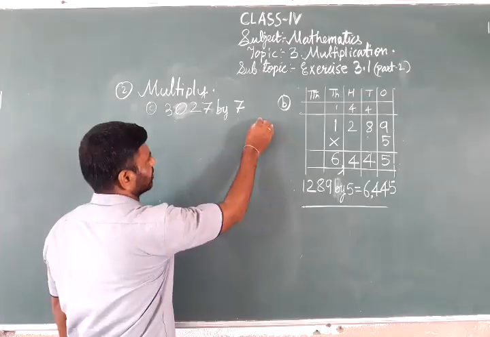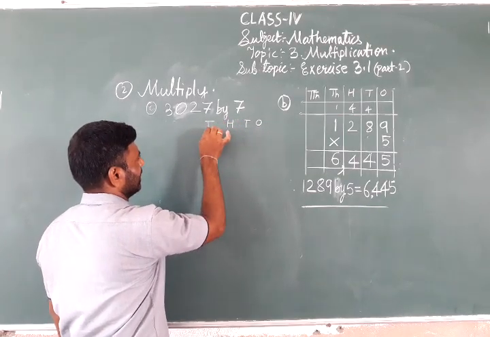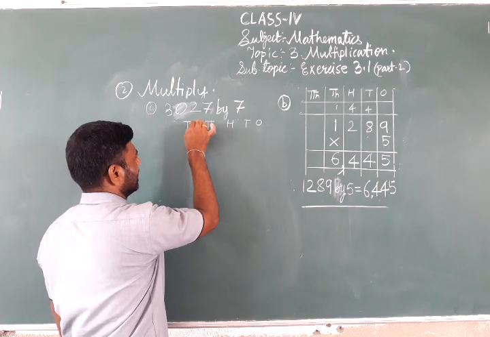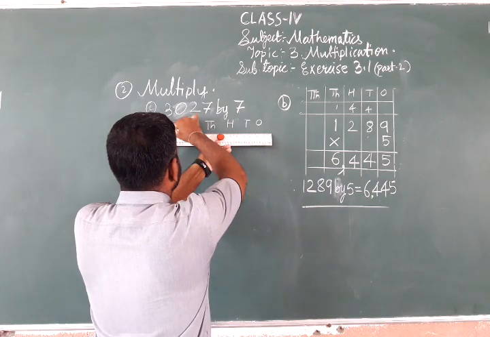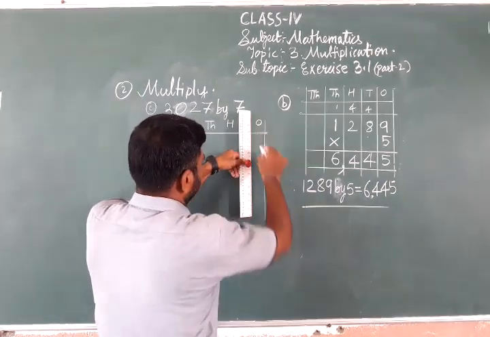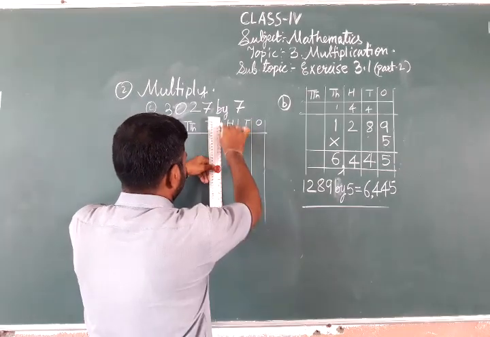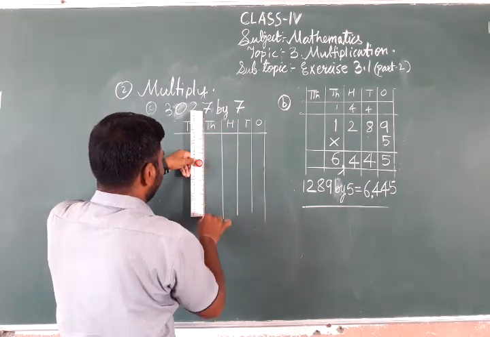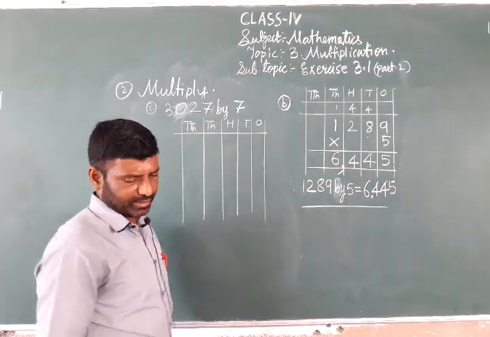So ones place, tens place, hundreds place, thousands place, ten-thousands place. I think it is sufficient up to ten-thousands place. Okay. Now draw the columns. Lining should be straight with a soft hand. Understand? Don't do it dim. Right. Now write.